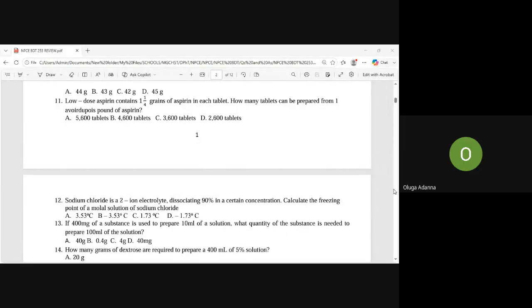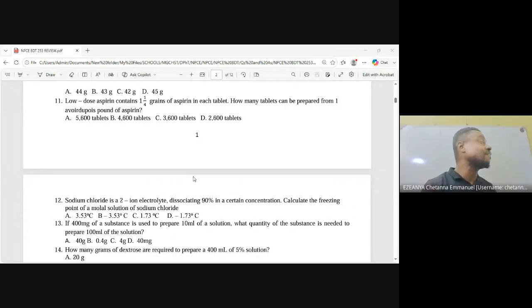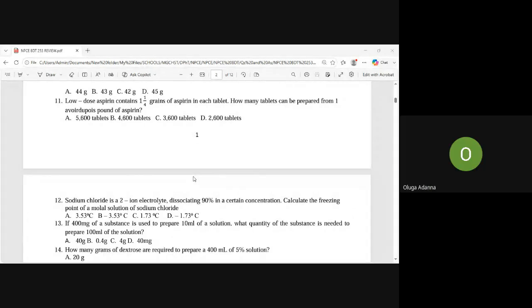So 5,600 tablets. How did they get 5,600? Explain. They told us one avoirdupois pound, and what was given to us here is 1 1/4 grains.